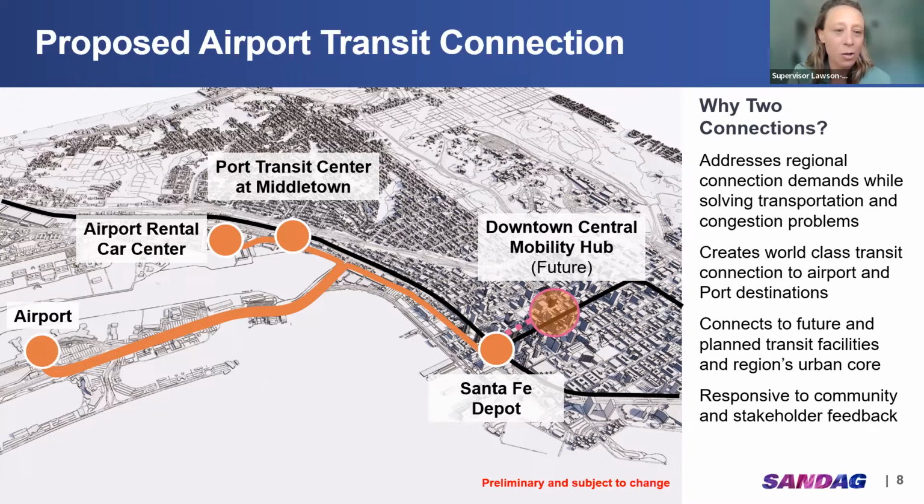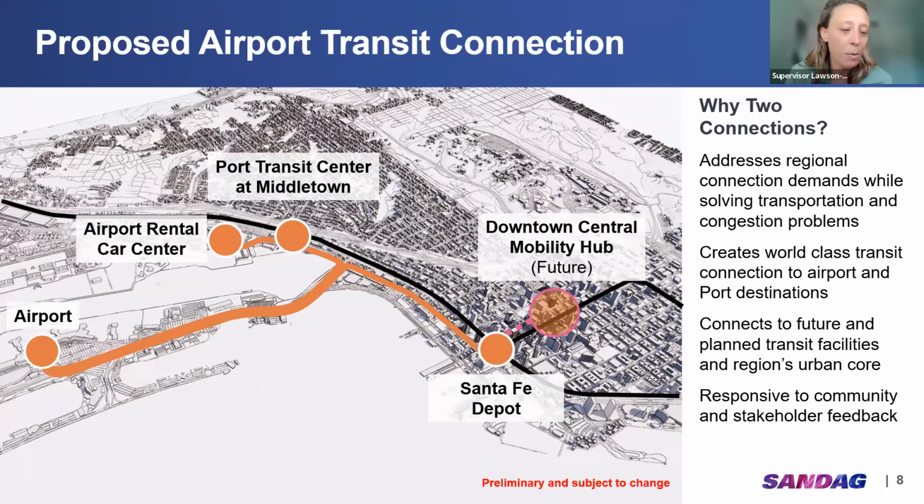But I definitely am interested in the cost, because it might be a lot more expensive or difficult, even if it's more elegant, than just going with the Old Town situation that we already have. So I would be interested in looking at those trade-offs and whether it would be worth considering not making Old Town a bigger transit stop, but making it a part of this airport connection system, and whether that would make more sense than moving the train stops to the Port Transit Center.